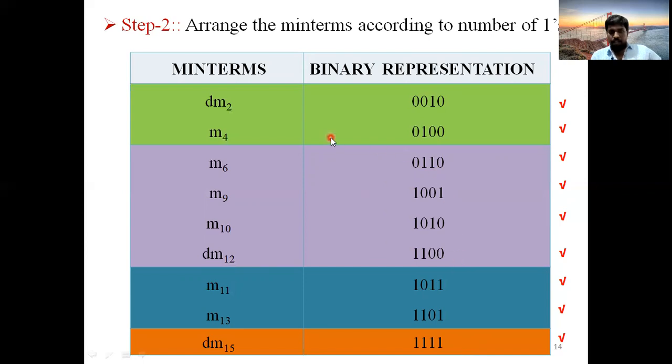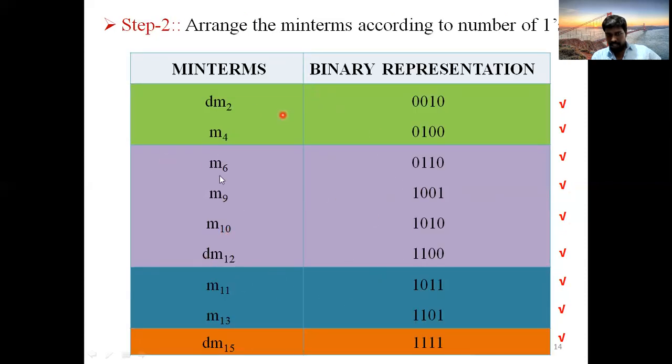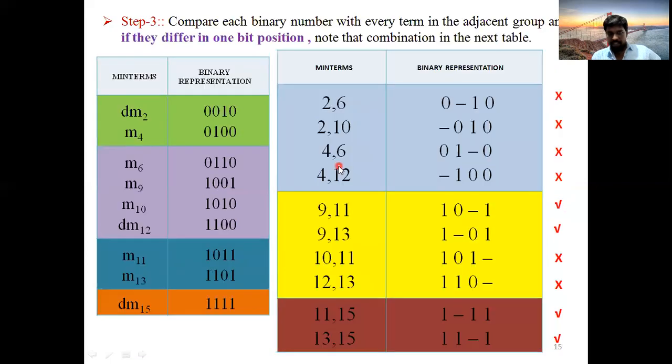Clear? Now the third step. For my convenience, I copied the same previous table here. What I should do is compare all the terms in the first group with all the terms in the second group.